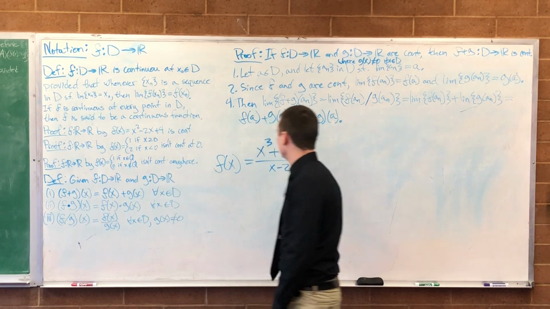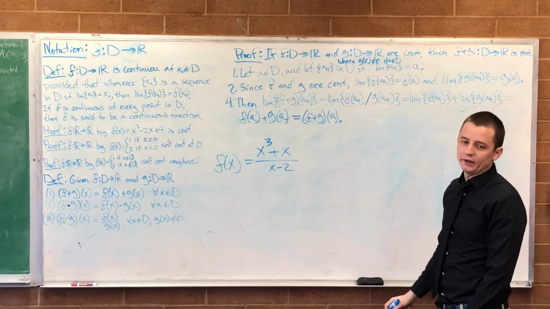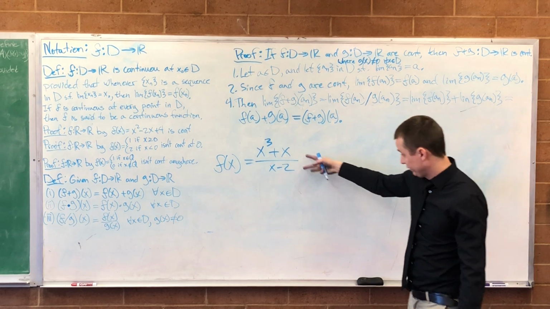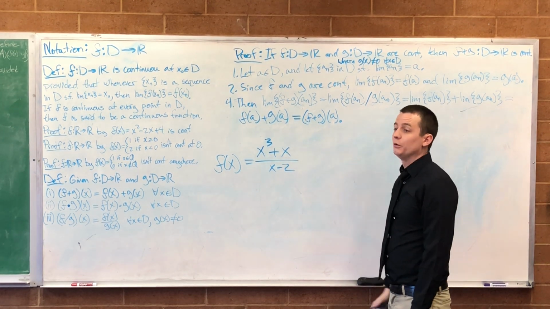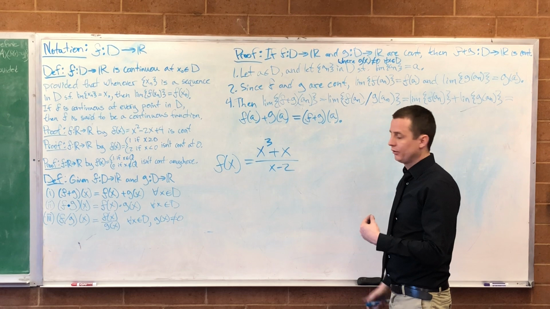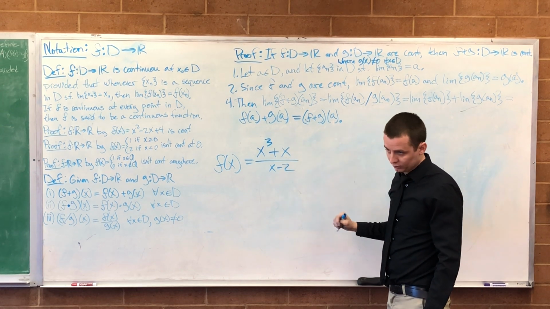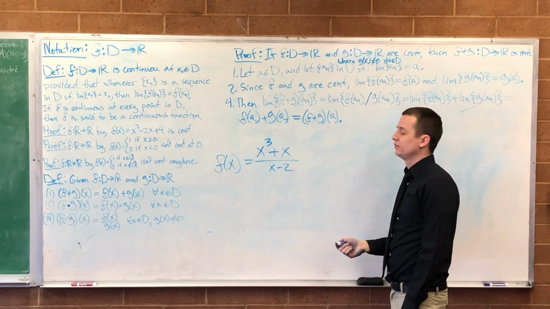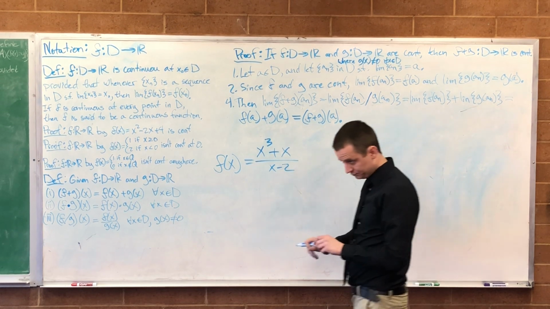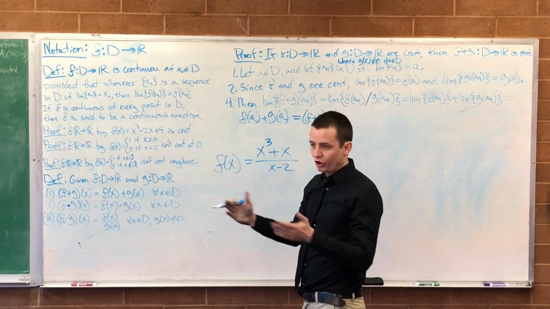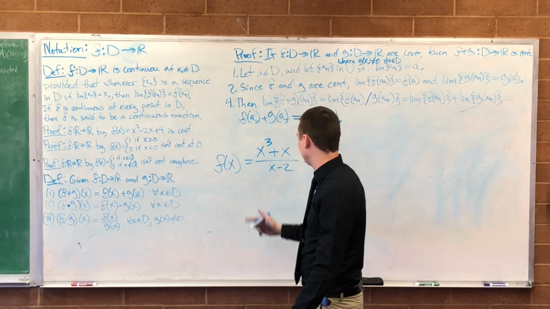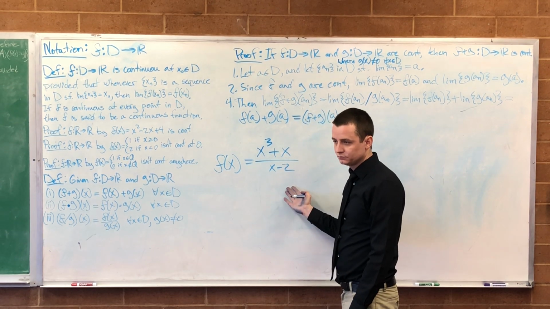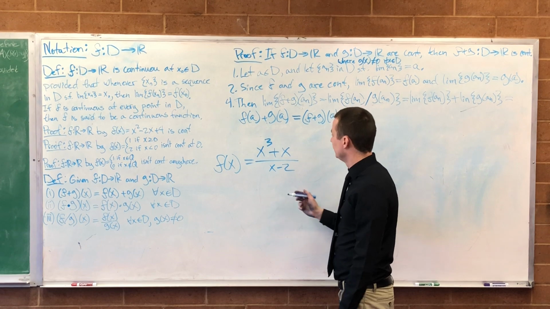You had something like this in an algebra class, and this right here is a rational function. They would tell you something along the lines of find the domain of the function, and it can't be 2. What they meant is what's the largest subset of real numbers you can use and keep this defined. Everything. That's what they were saying.